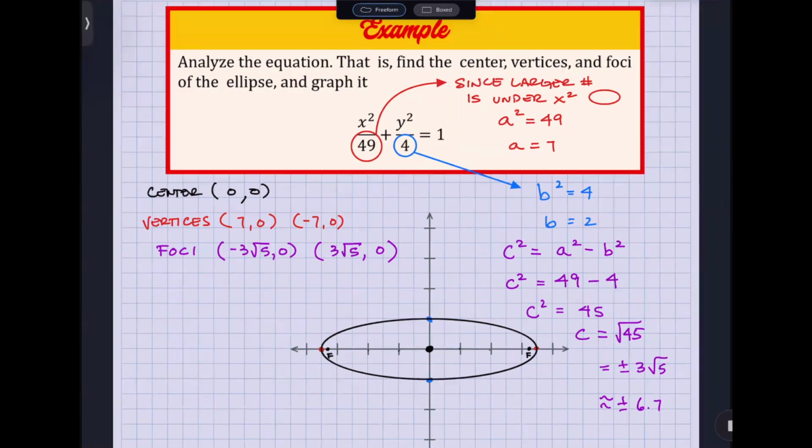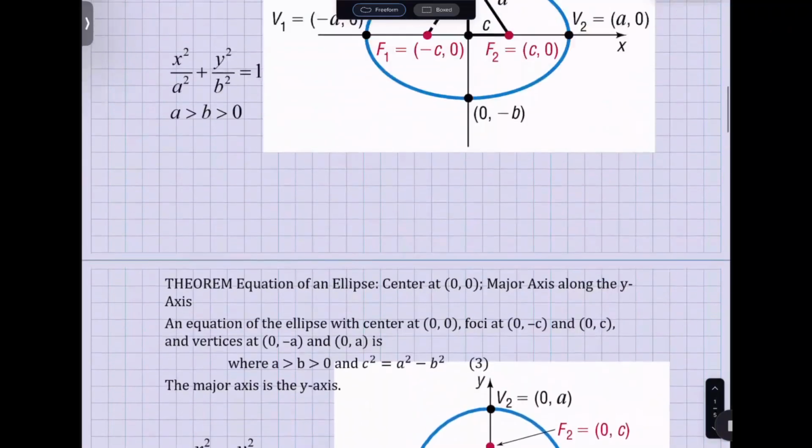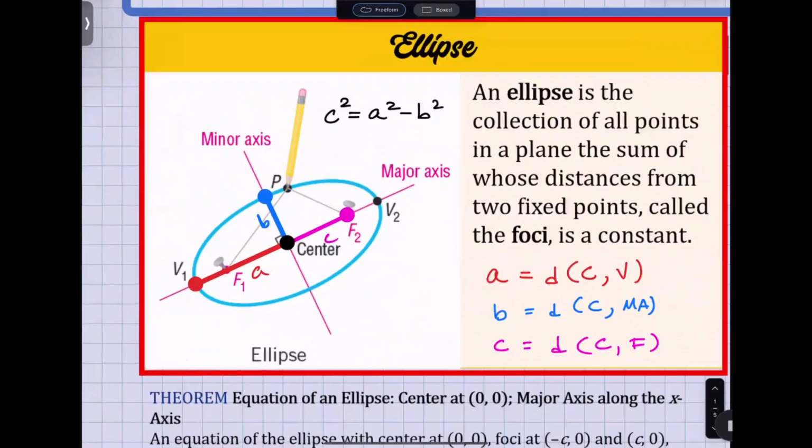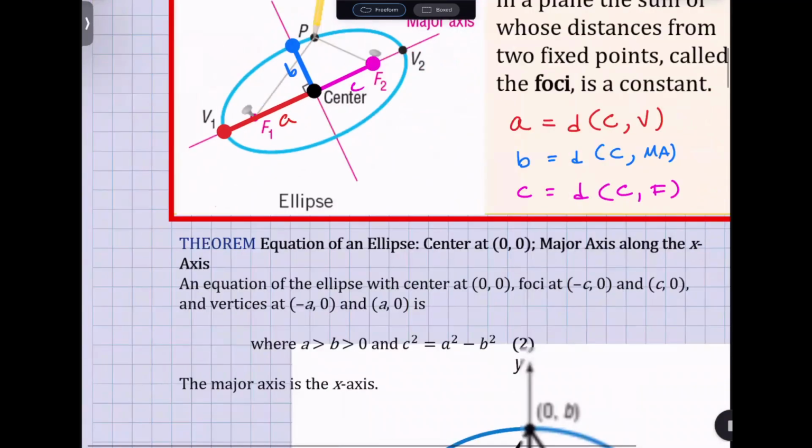Do you remember? So from the center to the vertices is a distance of A, which is already part of our equation.